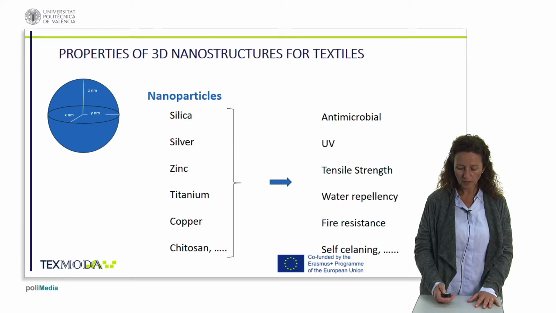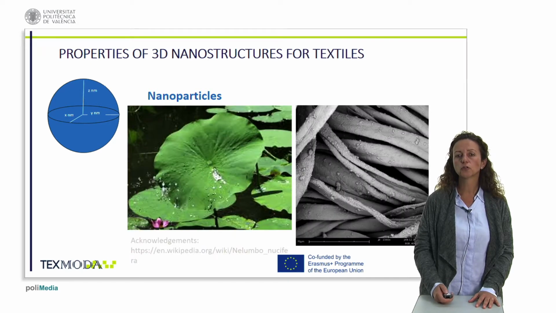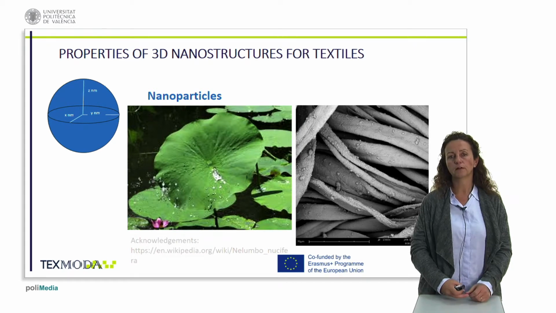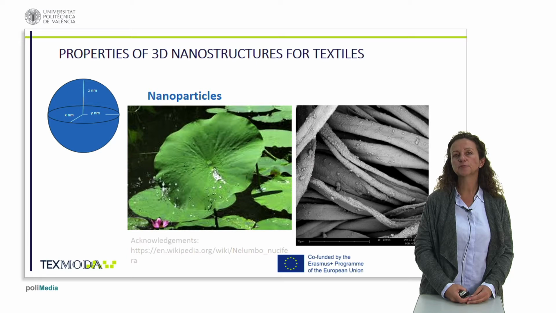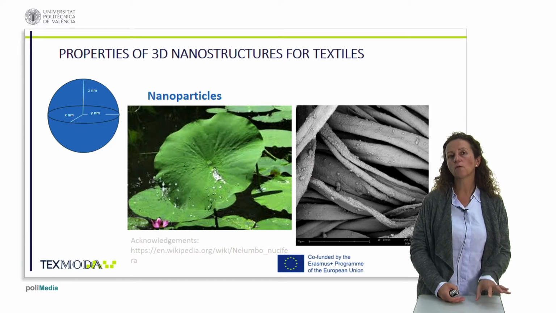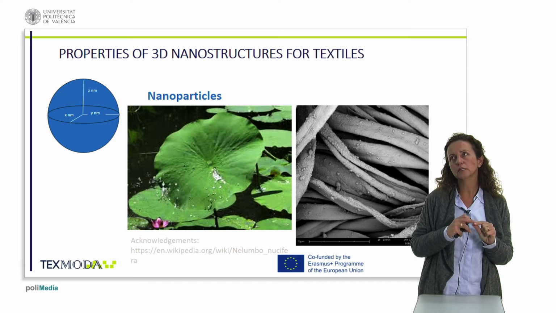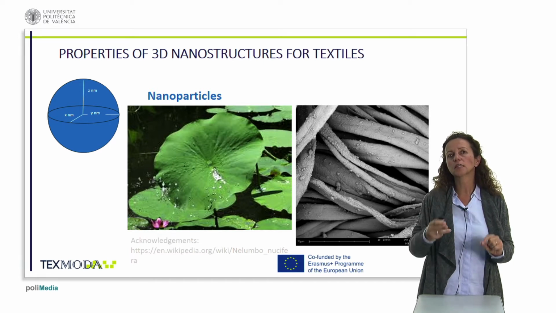As an example of how it works, we are going to talk about the water repellency effect. In this case, we are going to talk about nanoparticles which confer water repellency, and this is based on the lotus flower effect, okay? The surface of this lotus flower is made of many little mountains or irregularities.